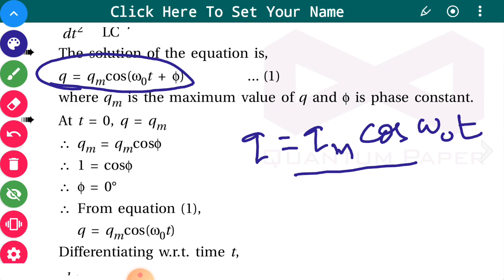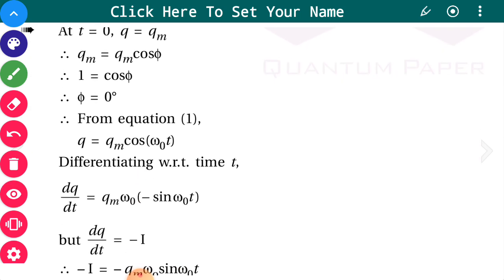Now differentiating the equation with respect to time, the time derivative of charge will give you current. So you get dq by dt is equal to qm omega 0 minus sin omega 0 t plus phi.